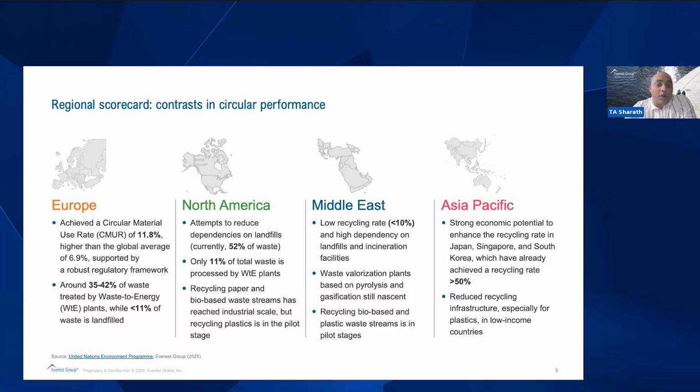In terms of what they're doing well, within Europe, recycling bio-based and plastic waste has achieved an industrial scale, whereas in North America, recycling plastic waste is still in pilot stages. But apart from Europe, all regions need to reduce their dependency on landfills while transitioning from incineration to other advanced recycling technologies. Transitioning is a very important part of improving the waste collection and recycling rates.